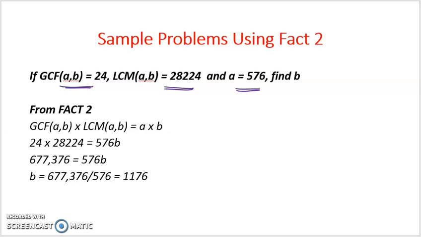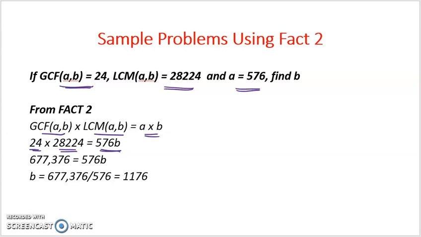Again, I'd start off with stating fact 2, the GCF of the two numbers times the LCM of the two numbers equals the product of the two numbers. So the GCF of the two numbers is 24. The LCM is 28,224. And that equals A, which is 576, times B. Oh, B we don't know, so we'll just write that as 576B.